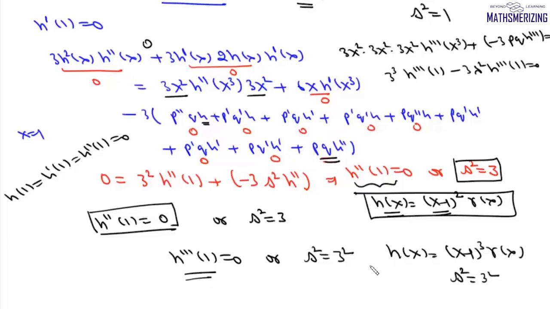So we get this recursive relation each time. So from this recursive relation we can say that this H(x) will be (x minus 1) to the power a into R(x), where s square is 3 to the power of a minus 1, which is what we need to prove.